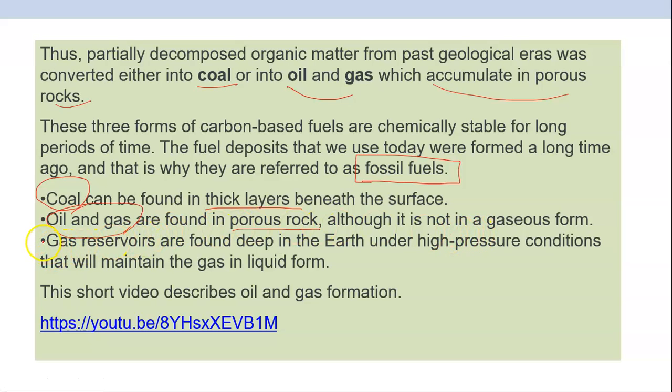Gas reservoirs are found deep in the earth under high pressure conditions that maintain the gas in a liquid form. So these are the three main fossil fuels that we have already studied.